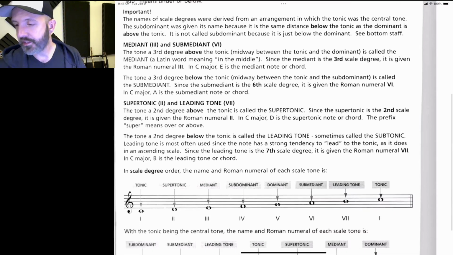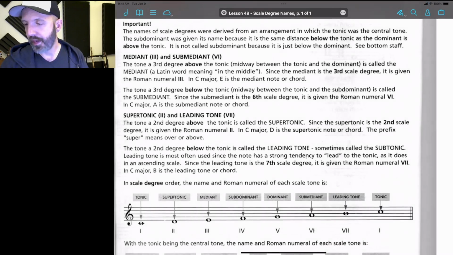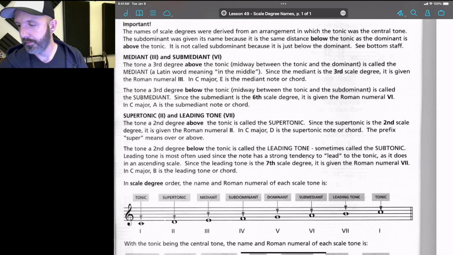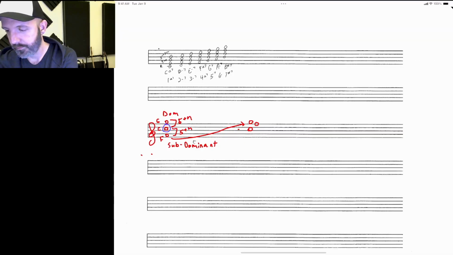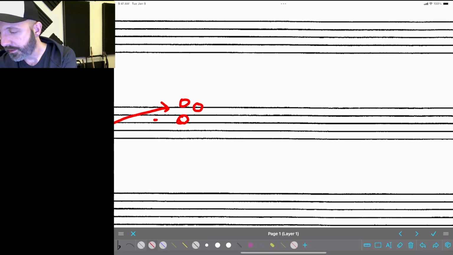So mediant and submediant, same concept. Going back to our example of C, a mediant, you could think of it as in between, right? Medium.